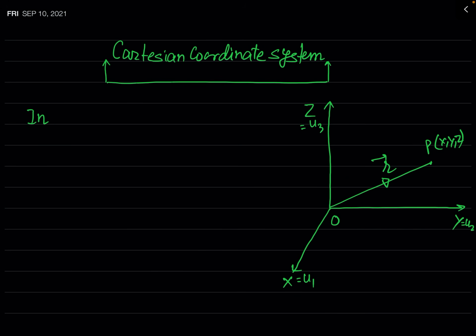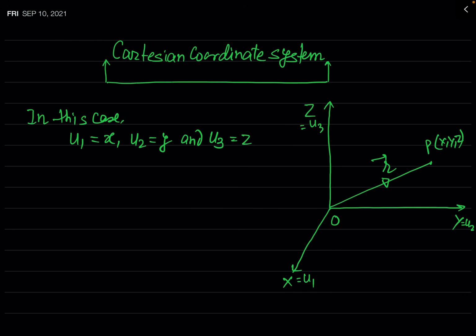As in this case the general curvilinear coordinates are denoted by x, y, z, or x1, x2, x3, in Cartesian coordinate system the coordinate u1 is equal to x, u2 is equal to y, and u3 is equal to z.